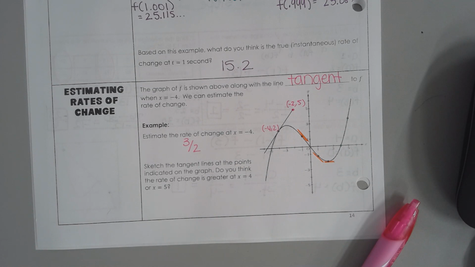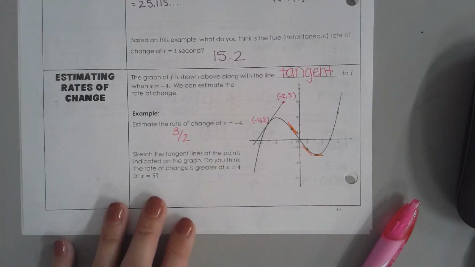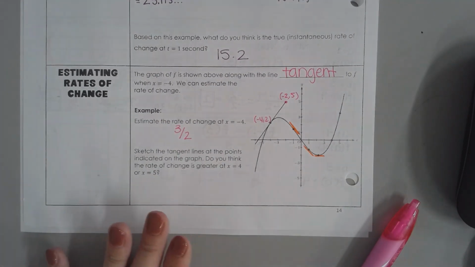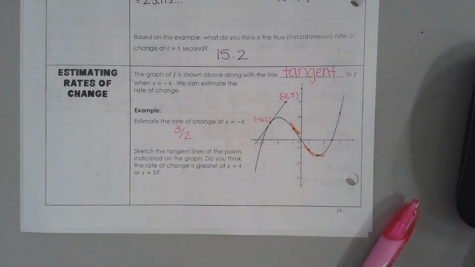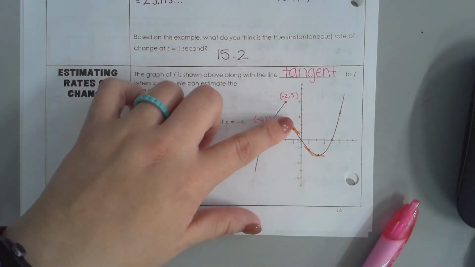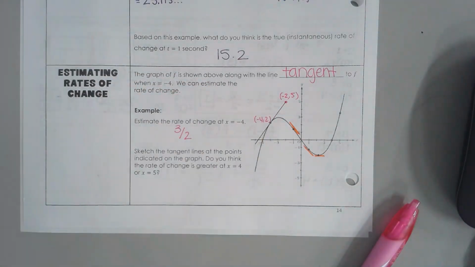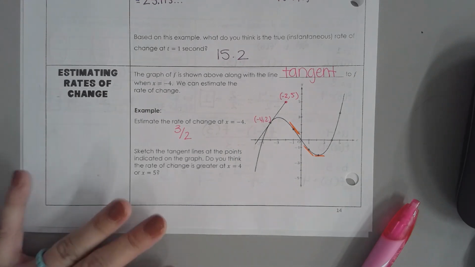So as I go down, follow down this function, these little tangent lines, all these little dashes that I've been drawing, I'm basically drawing little tangent lines. Just whatever the slope, the little line looks like there.